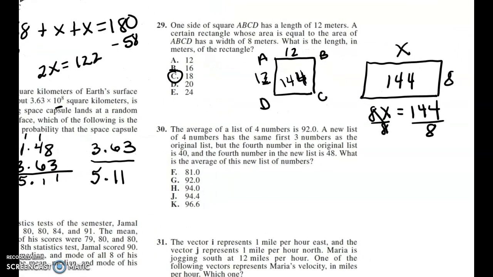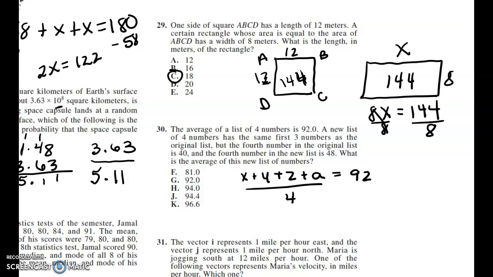All right, here we have the average of a list of 4 numbers is 92. So x plus y plus z plus, we'll call that a, so 4 numbers here, all divided by 4, equal 92. So think about your grade right now, like how you come up with your grade. You add up all the tests you've taken and you divide by the number of tests you have, right?